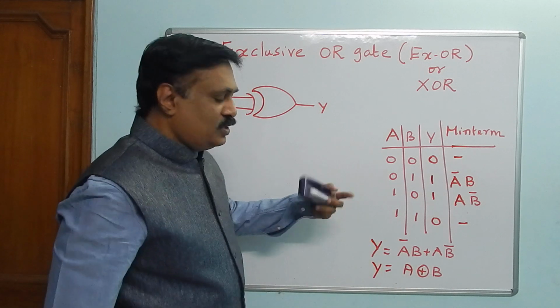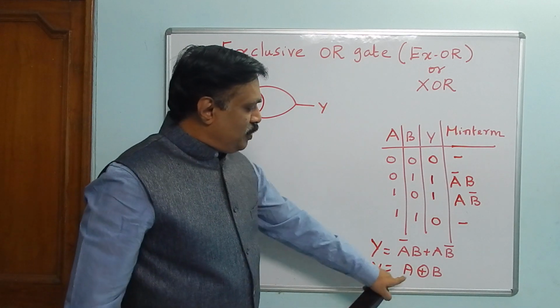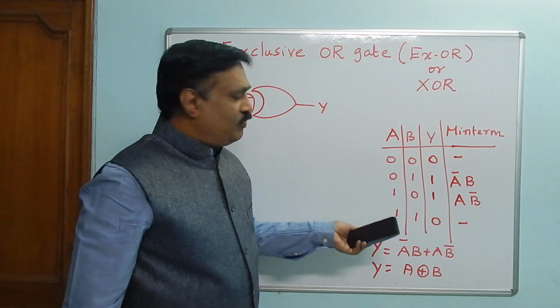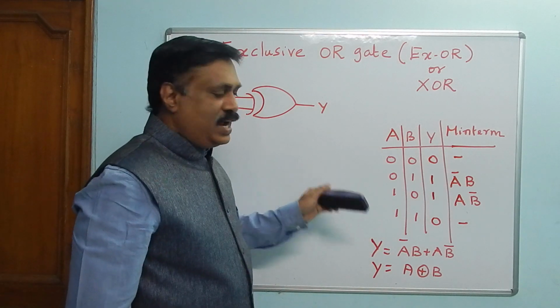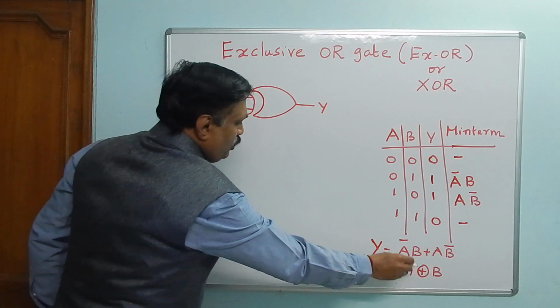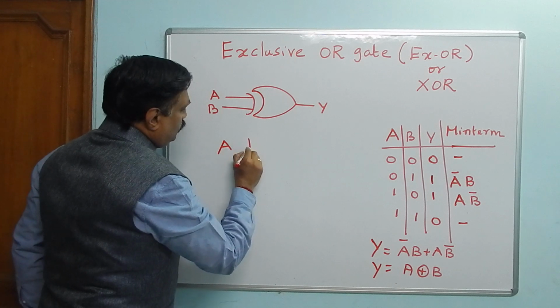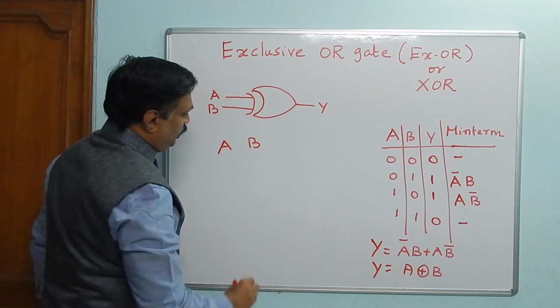Now let us design this using basic gates, and then we will draw the same XOR gate using NAND gates. Two inputs are there, therefore you take A input and B input here.